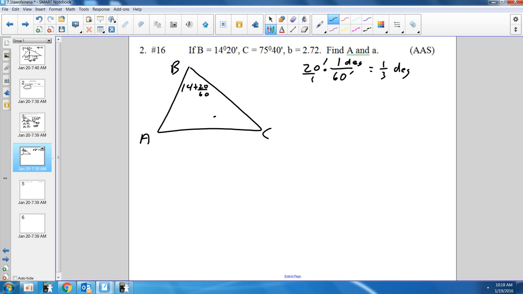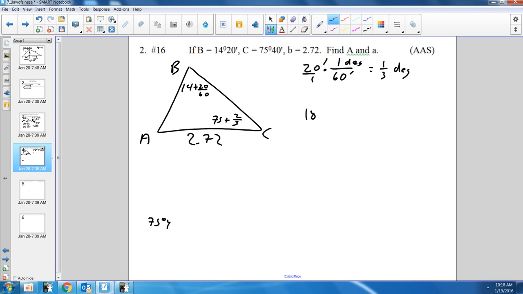Also, C, 75 degrees 40 minutes, would be the same thing as 75 plus 40 over 60, which is 2/3. B is 2.72. Now, again, what I would do is go ahead and find out what A is.